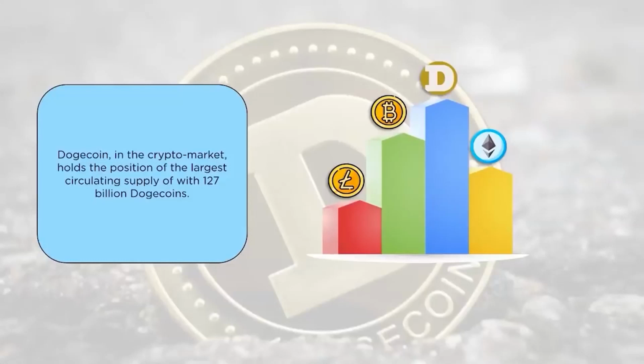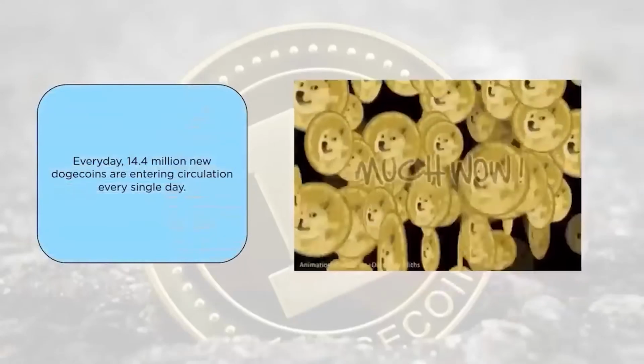Till today, almost 113 billion Dogecoins are already mined. Every day, 10,000 new Dogecoins are released in block rewards. Every minute, roughly 14.4 million new Dogecoins enter into the circulation every day. Therefore, 5.2 billion Dogecoins per year.